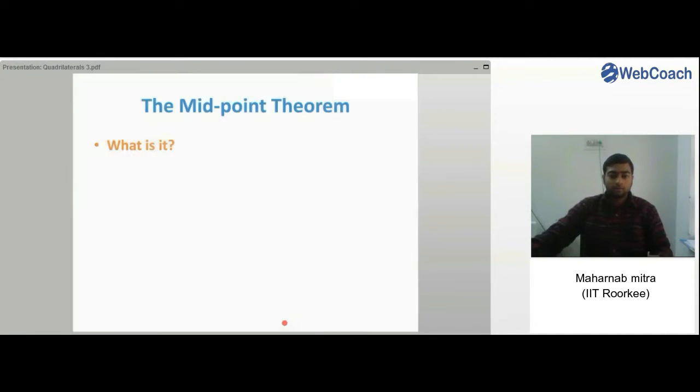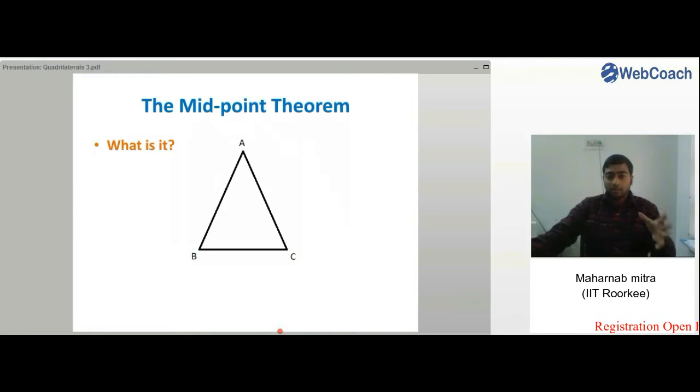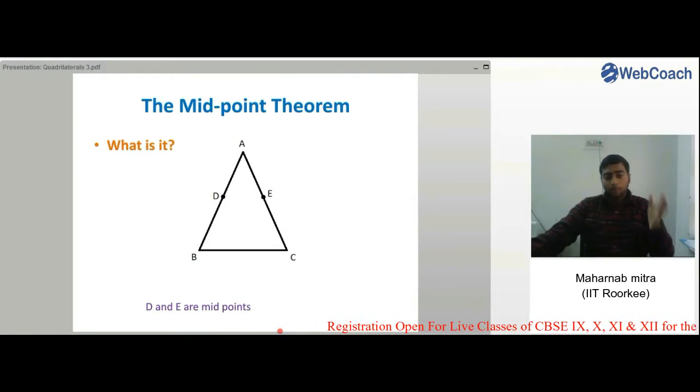Now let us learn what is actually the midpoint theorem. Before we actually move into the theorem or the statement, let us see what it is actually based upon. Let us consider the triangle ABC. We have drawn the midpoints of sides AB and AC.